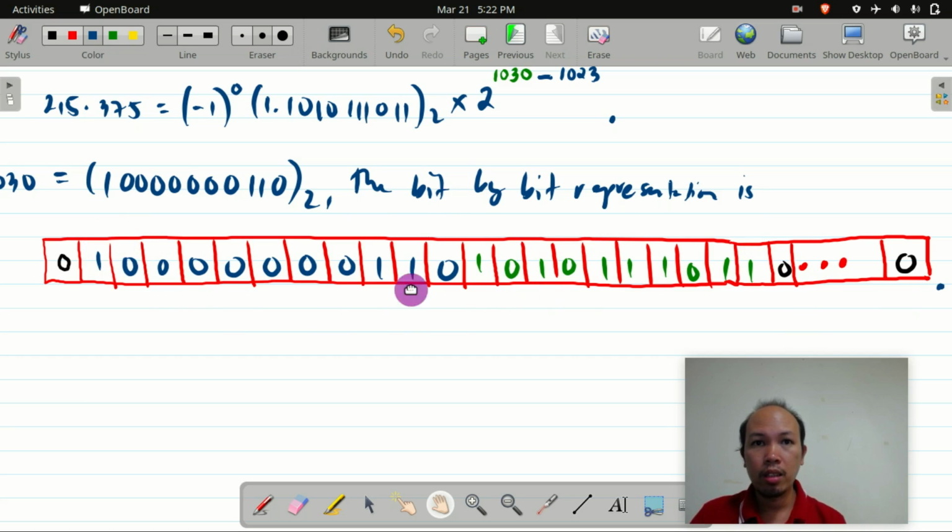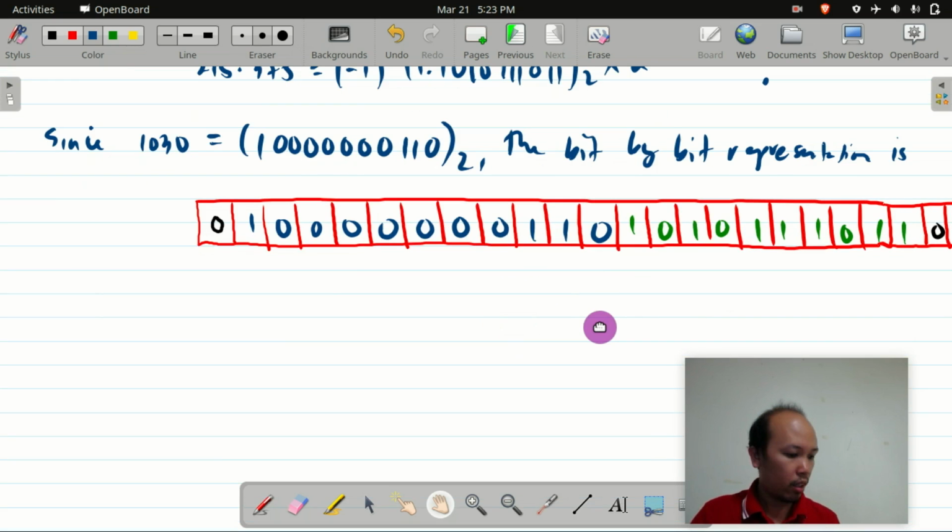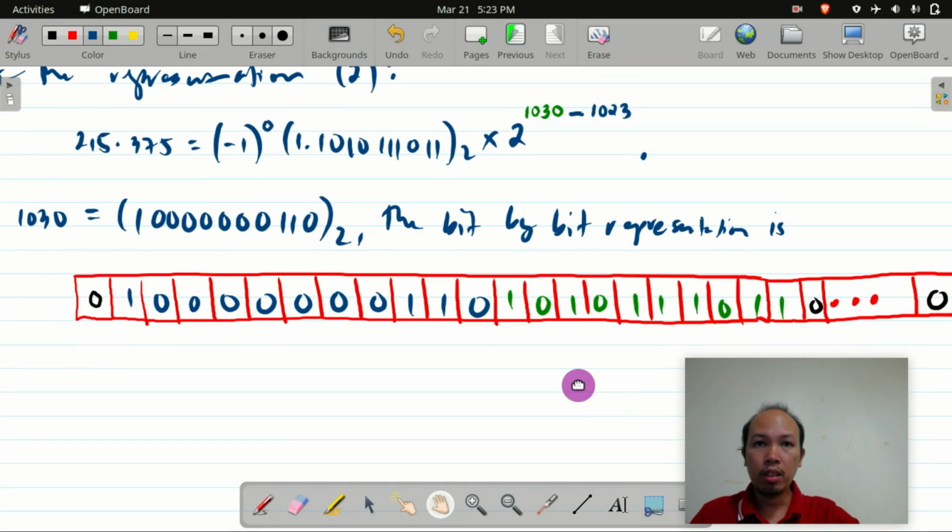So I guess that's all for this discussion. I hope you now know how to convert a decimal number to a 64-bit floating point number.